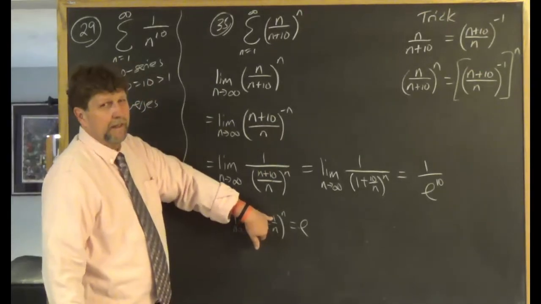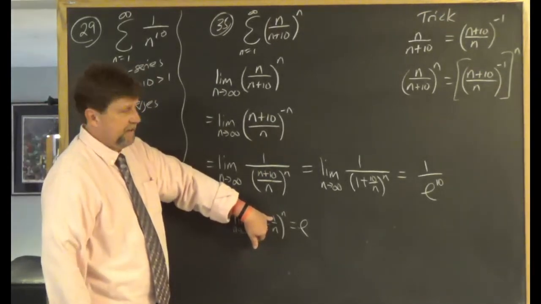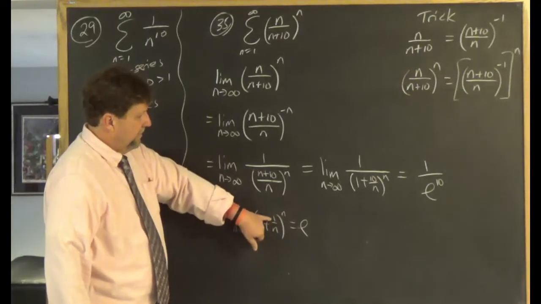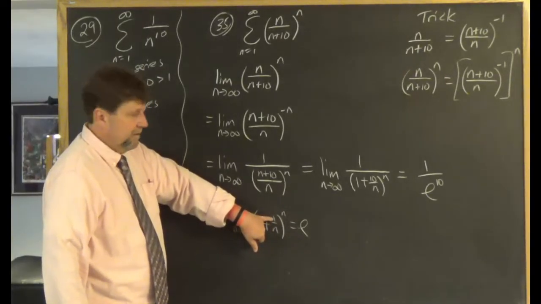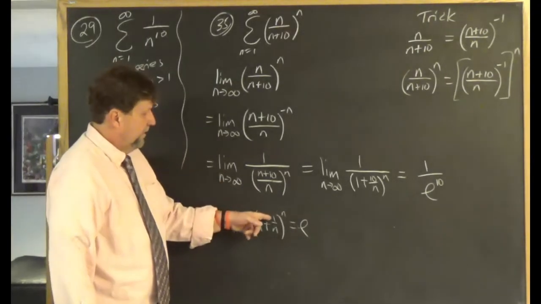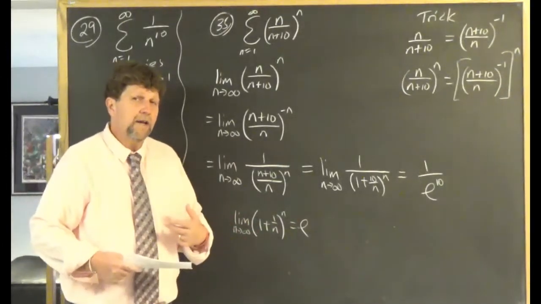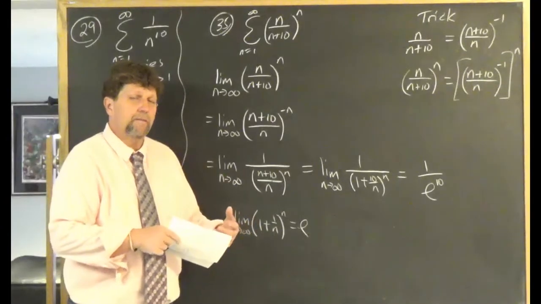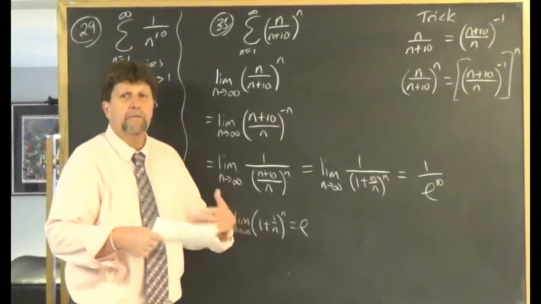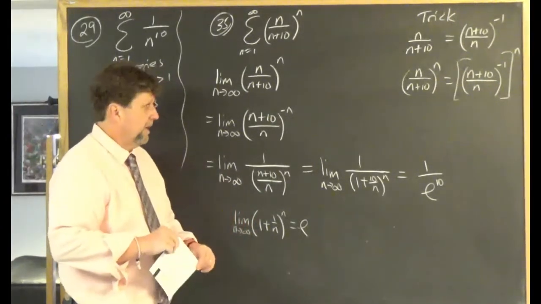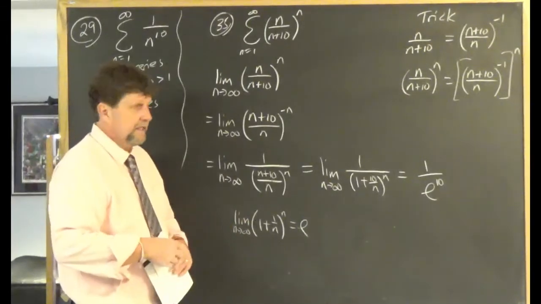I mean, let's just think of positives because we're dealing with sequences and series now. If this is a 3, then the limit would be e cubed. If it's a 5, the limit's e to the 5th. Those of you that suffered through my Calc 1, I had you do this as an extra little mini assignment and then prove the rule that you came up with. So this isn't anything new.